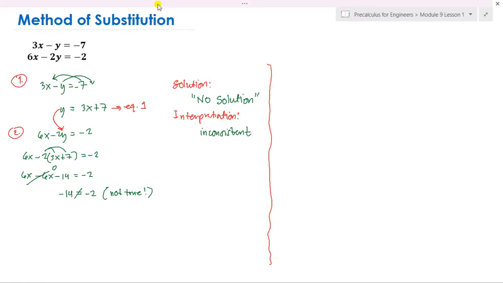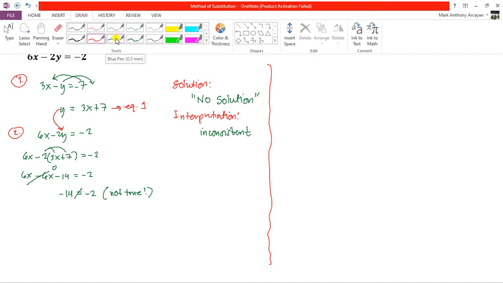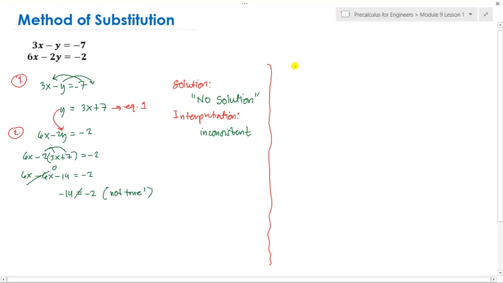So if we transform our given into what we call slope-intercept form, from your analytic geometry, I think you have answered y is equals to mx plus b, wherein m represents our slope and b is the y-intercept.